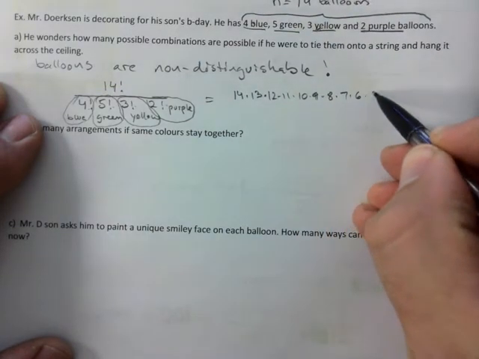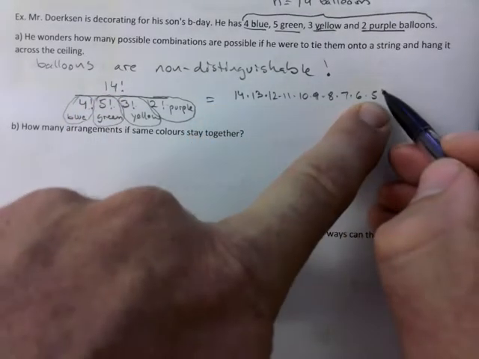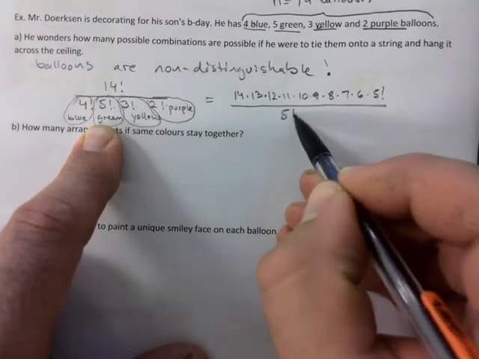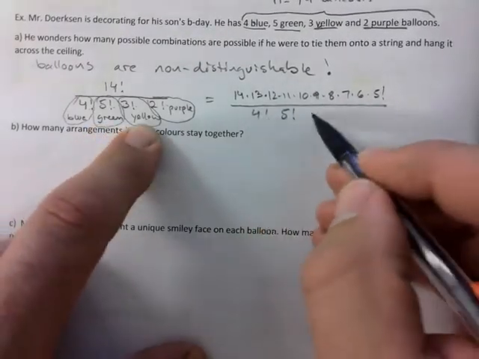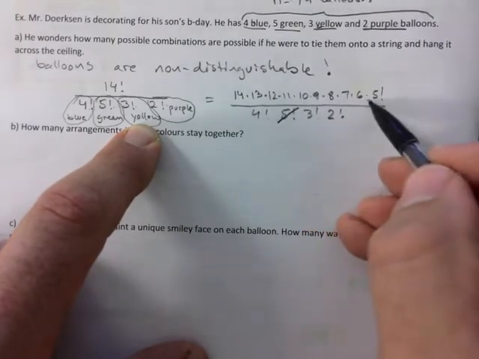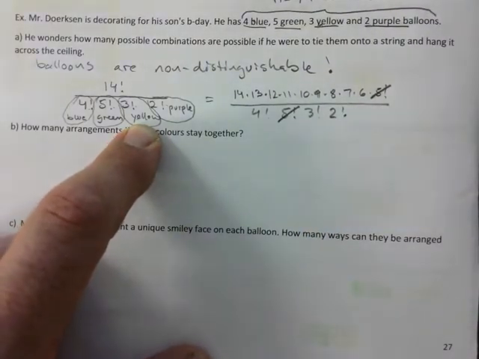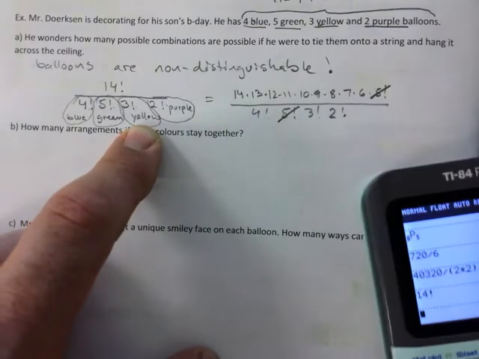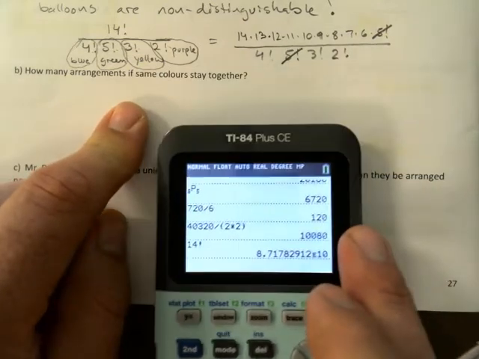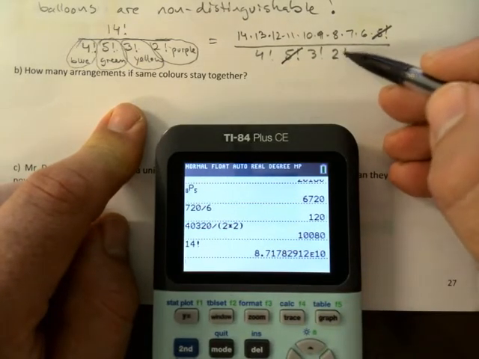I'm going to get this one down to where I get to 5 factorial because I see that 5 factorial here. And so we have the 4 factorial, the 3 factorial, and the 2 factorial, right? So this can cancel out. And I think now it's going to work out for me. You can cancel more. This is just 2, right?